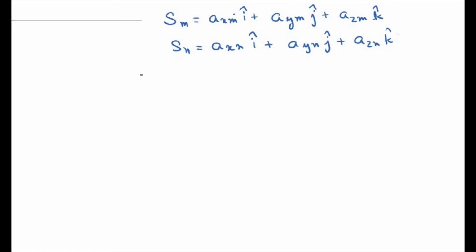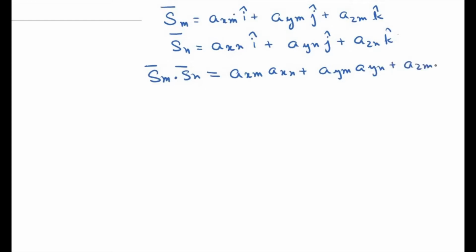If I do the dot product of the two vectors Sm dot Sn, these are vectors, so I should probably put a bar over them.